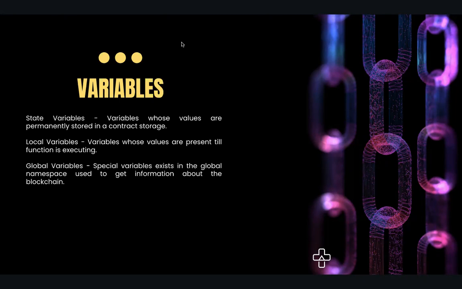The state variables are those that have their values permanently stored in a contract storage, while the local variables have their values kept until the function has finished executing. I think there are code snippets we will run so you can understand these better.